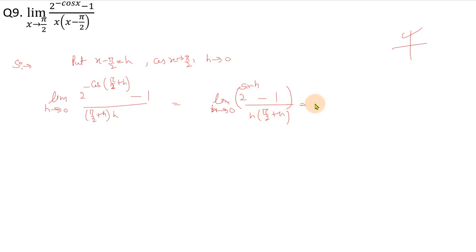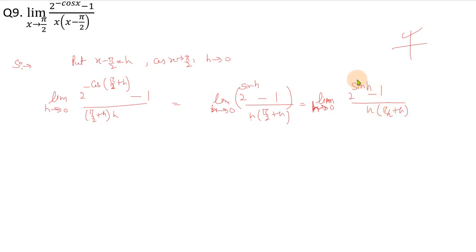So now the terms can be separated. Limit h approaches 0, we can write 2 power sine h minus 1 upon h into pi by 2 plus h.